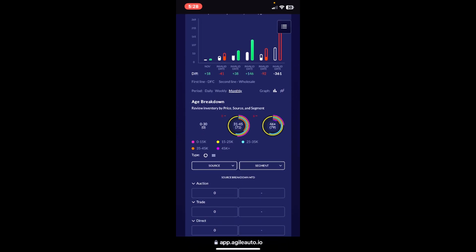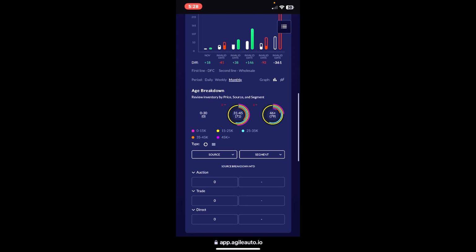Then you can go down and look at, okay, so how is the inventory we have on the ground and how, in its health, and then how is it going to help us to continue to maximize sales pace early in the month while we go and acquire inventory? And the answer is not very well. You can see in this middle box right here that you've got 71 units in 31 to 45, and you've got 79 in 46 plus, which means you have a bunch of aged units.